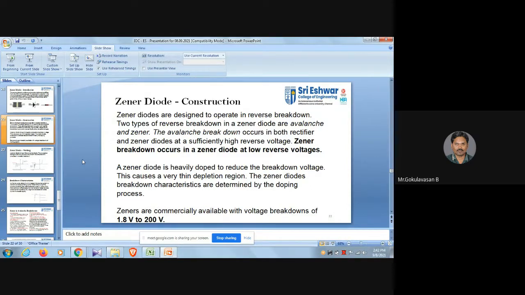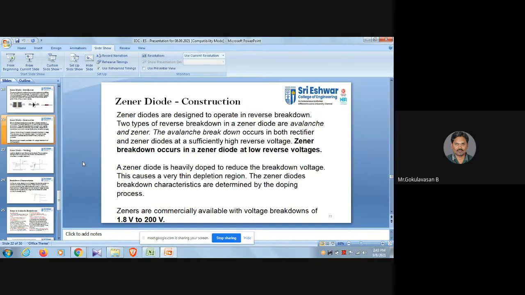A Zener diode is a heavily doped diode to reduce the breakdown voltage. This causes a very thin depletion region. The Zener diode's breakdown characteristics are determined by the doping process only. The commercially available breakdown voltages of Zeners are 1.8 volt to 200 volt.